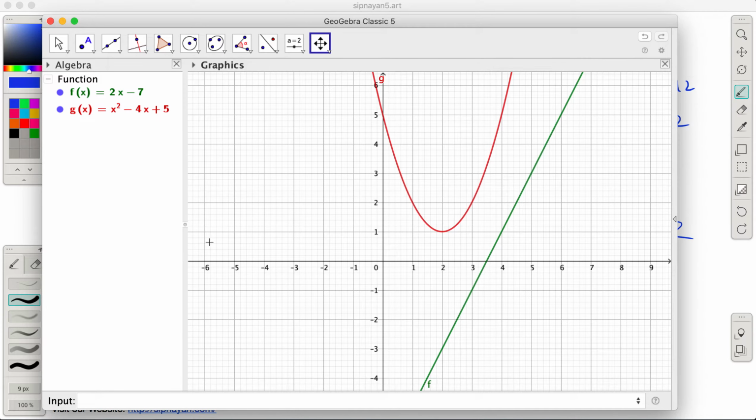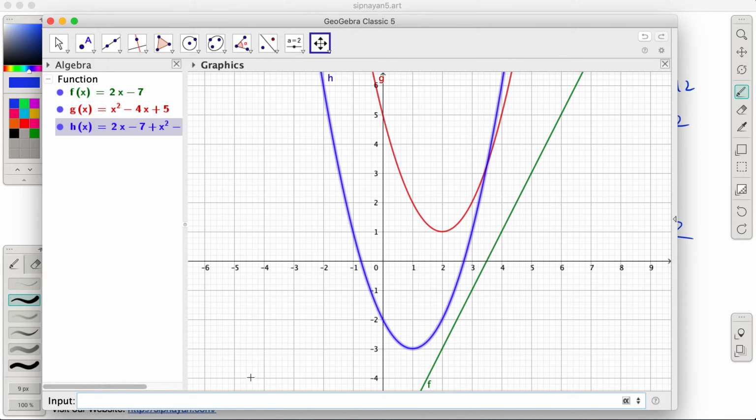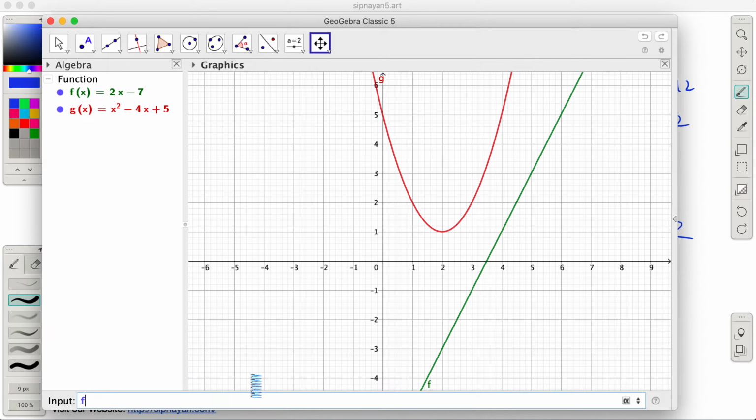Pag nag-add tayo, what is f of x plus g of x? Okay, so yan yung ating, bakit add? Dapat minus, no? So f of x, medyo may sira yung shift ng aking keyboard, minus g of x.